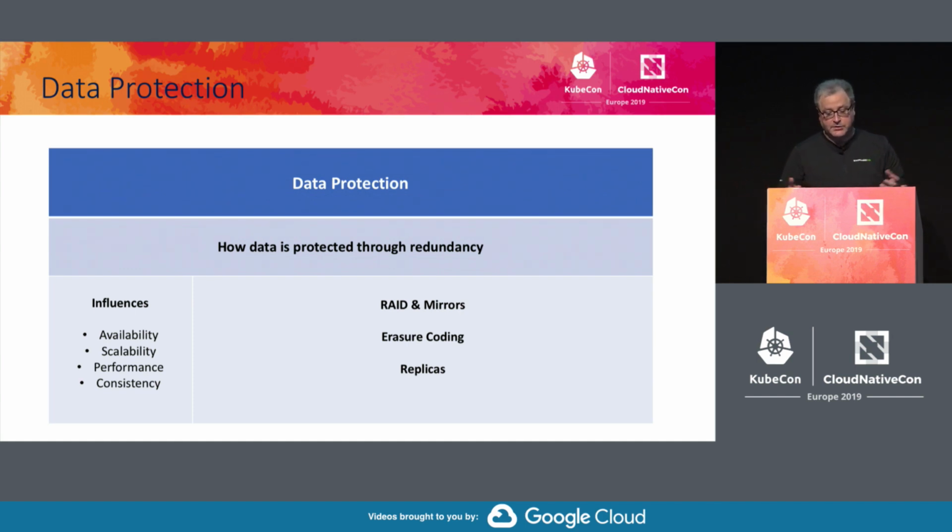And this can be used to give you really good durability, but typically comes at additional CPU and performance overheads. And then finally, replicas are quite a common concept now with cloud data storage, where rather than protecting the data on individual hosts, we're talking about creating replicas across different hosts to protect against, say, host failures or individual node failures.